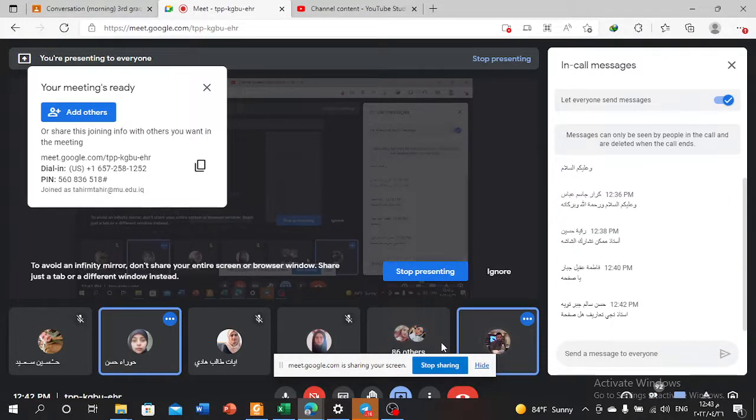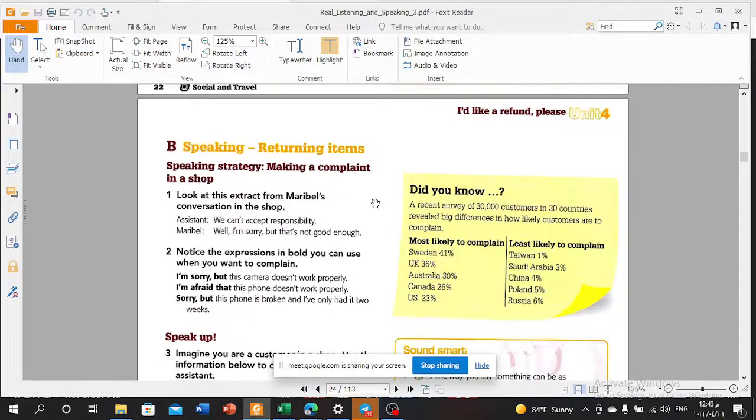Yeah, it's possible that it comes in the form of a definition. So here we have a speaking strategy related to how to make a complaint in a shop.